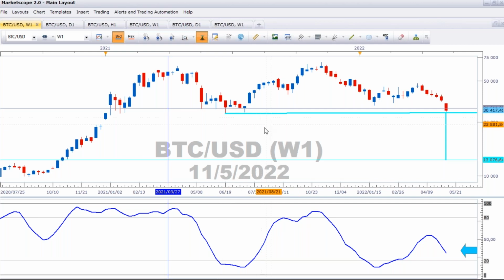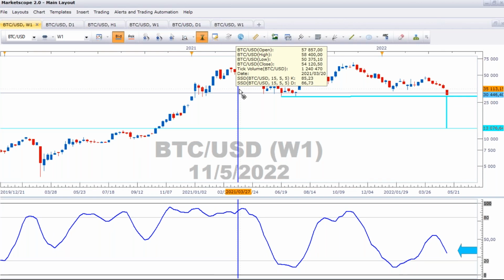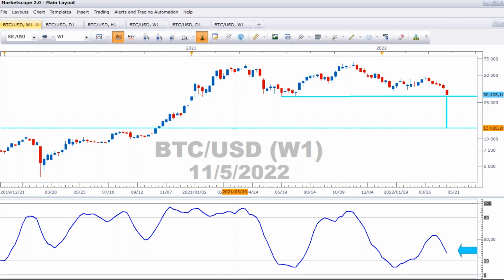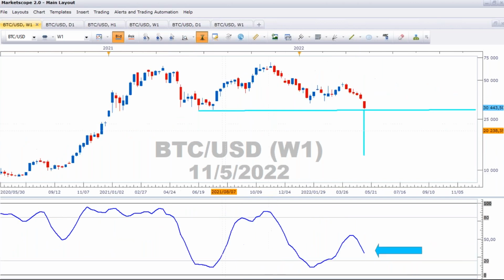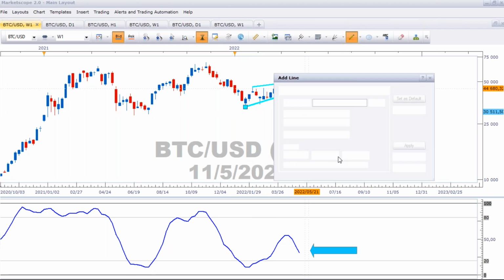Multiple scenarios that we can suggest, and the first one I'm going to suggest is the key target, in that there's this breakdown here. We suggested this yesterday. This is a breakdown from this rising wedge.